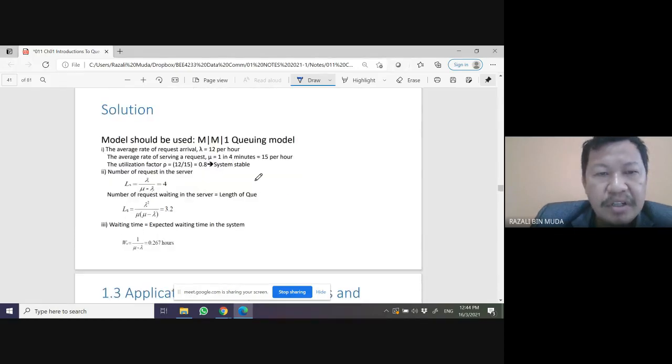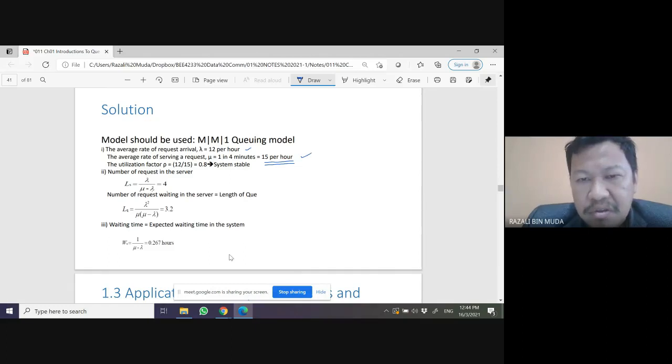The model to be used is the M/M/1 queue model. The average rate of request arrival, lambda, is 12 per hour, given. The average rate of serving requests, mu, is 1 in 4 minutes, so you need to convert this into 15 per hour.